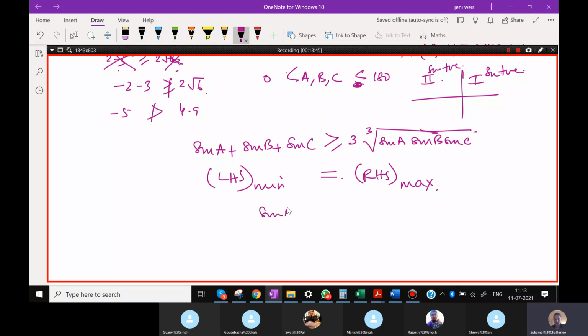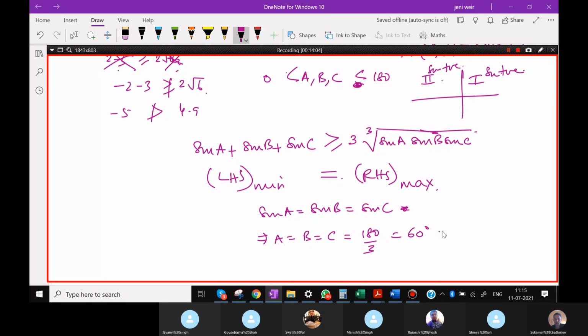That means sine A equals sine B equals sine C, and that will mean A equals B equals C, which is 180 by 3, which is 60 degrees.